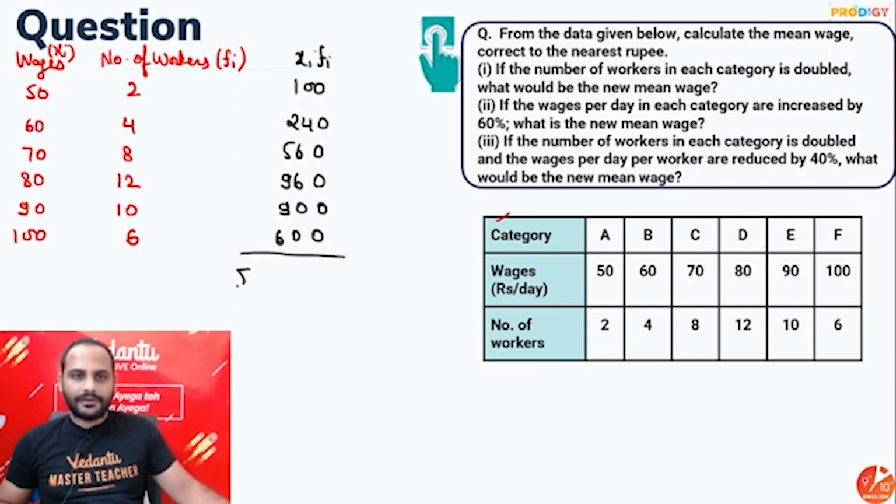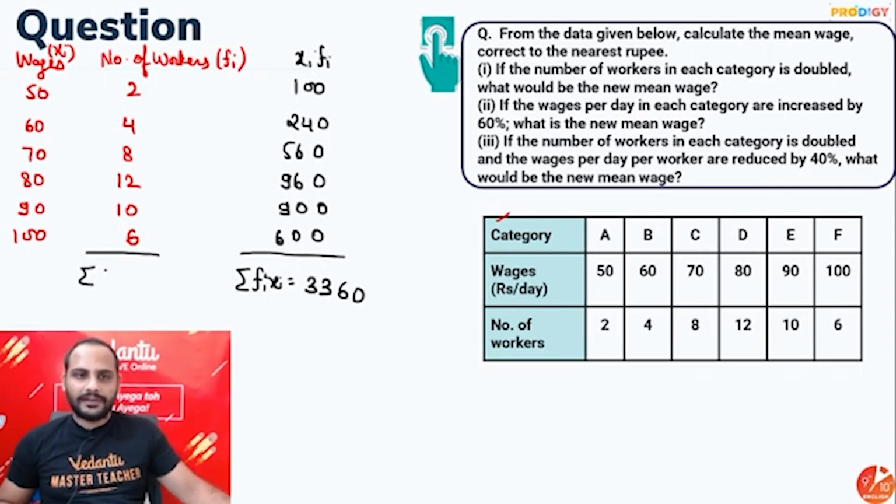Okay, let us find the sum of all these values. This comes to 3360.